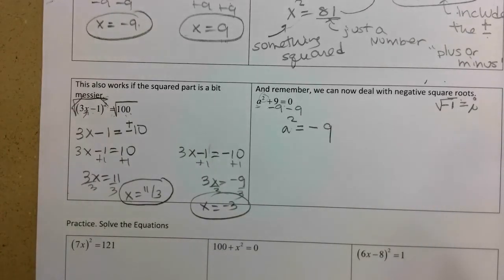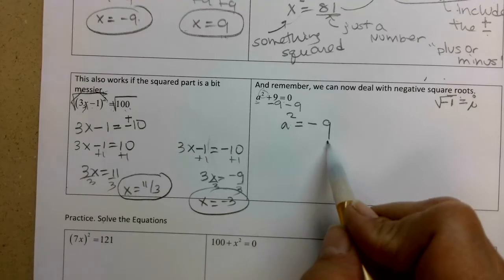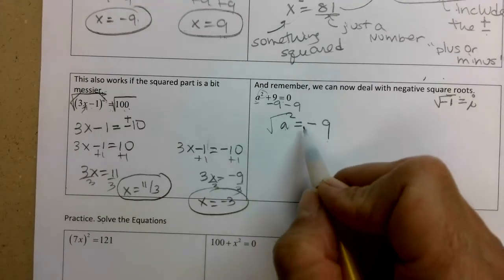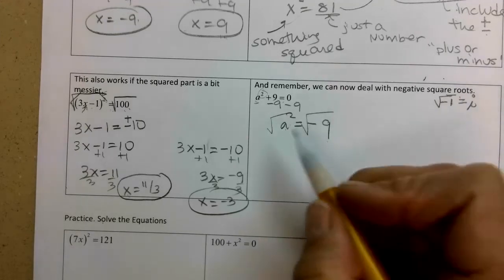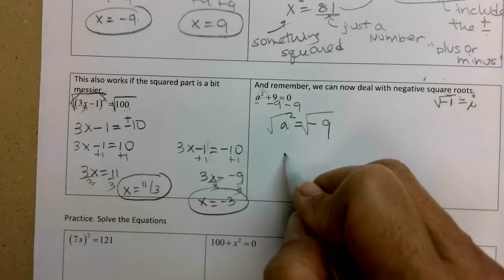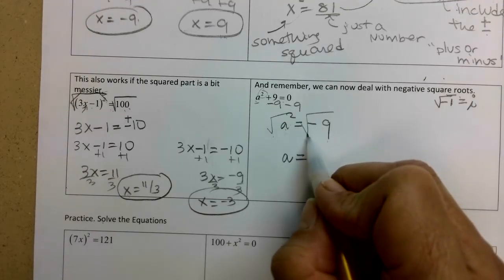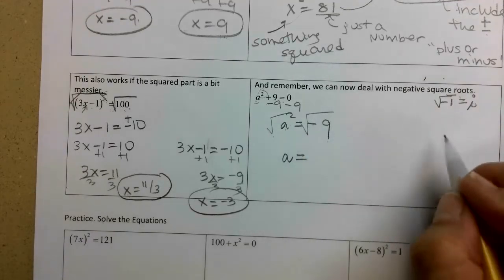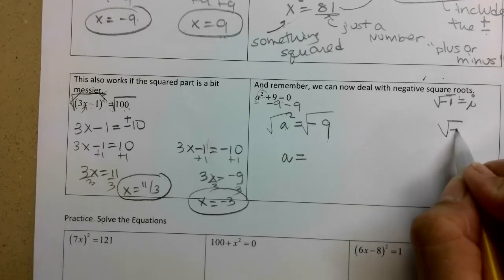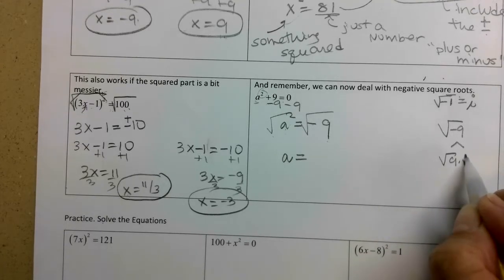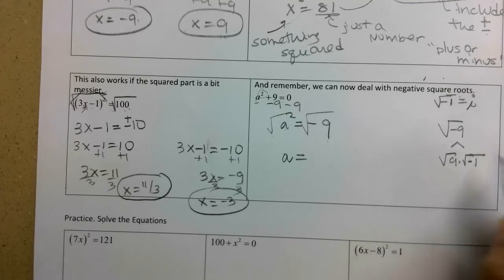Sorry about that. So if a squared equals negative 9, I'm trying to get to a, so now we will square root both sides. The square root of a squared is a, equals the square root of negative 9. Right? So negative 9, the long way, I'll just do it over here: that's the square root of positive 9 times the square root of negative 1.